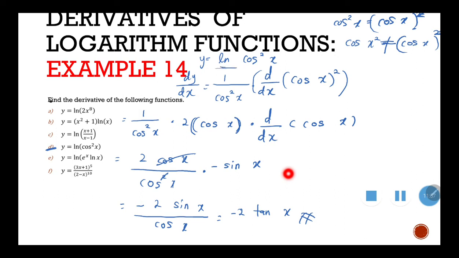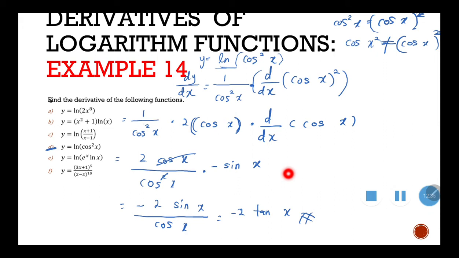Okay, so dy/dx of ln is, remember, 1 over whatever is in the bracket. So 1 over cos square x times the d/dx of whatever function is in the bracket. So the d/dx of cos x square. Okay, we write it like this, (cos x) in bracket square, to make it easier to solve the equation later on.